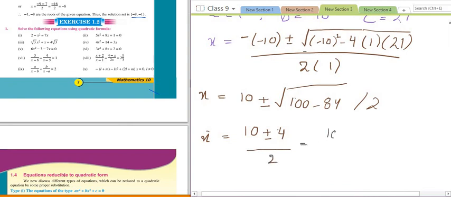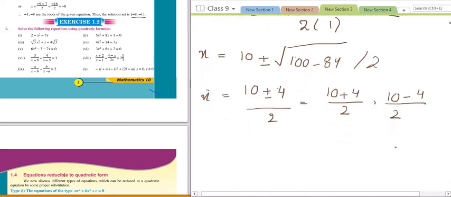This becomes 10 plus 4 divided by 2 and 10 minus 4 divided by 2. So x equals 14 divided by 2 which is 7, and x equals 10 minus 4, 6 divided by 2 which is 3.